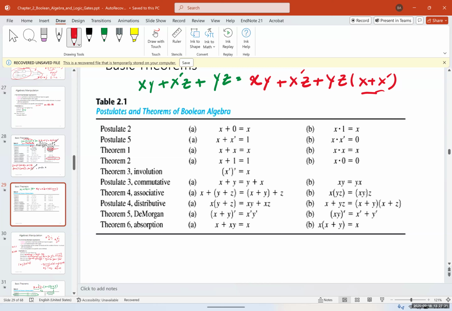And we know that x plus x prime is equal to 1. Therefore, if I multiply it by yz, I have yz. So it doesn't make any change. So if I do that, this would be equal to xy plus x prime z plus xyz plus x prime yz.